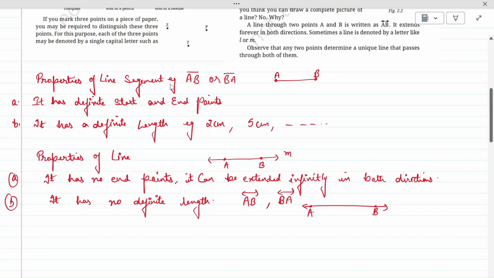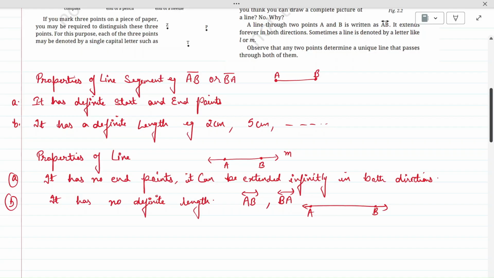Again, a line segment has start and end points and a definite length, but a line has no end points and no definite length. And we always denote a line with the names of the points present on the line, with arrows on the top.